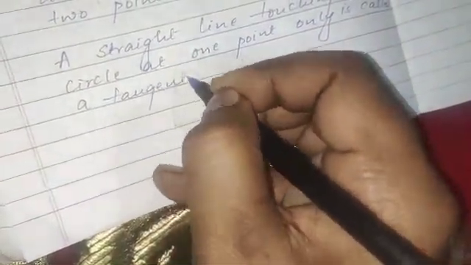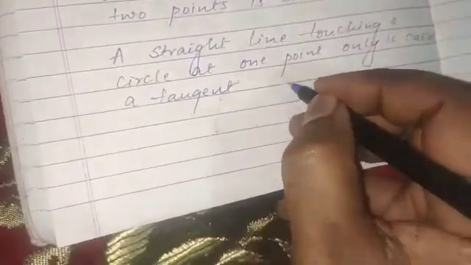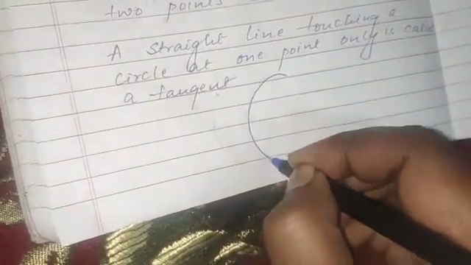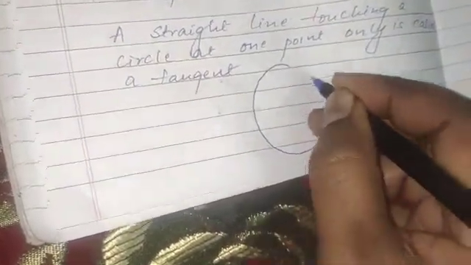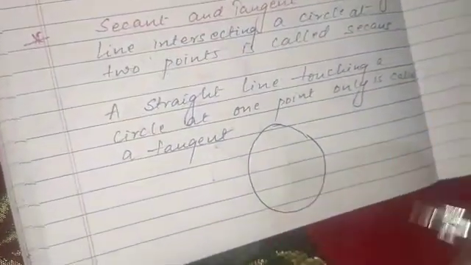Okay, अब मैं आपको सेकेंट और tangent को सर्कल में बना के दिखा रहा हूँ. See again, this is the circle. सबसे पहले मैं आपको सेकेंट बना के बताता हूँ. सेकेंट क्या होता है?